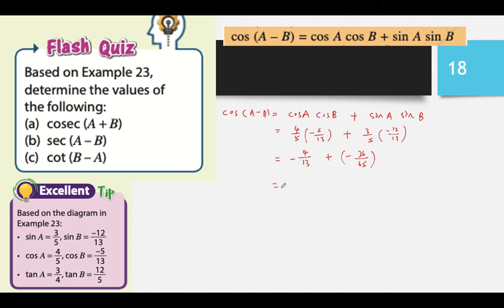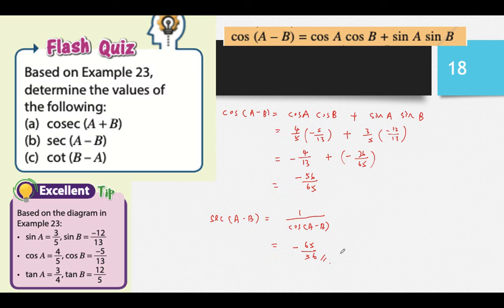Then I can minus the 4 over 13. I will get negative 56 over 65. So now secant A minus B will be 1 over cos A minus B. So flip the answer.